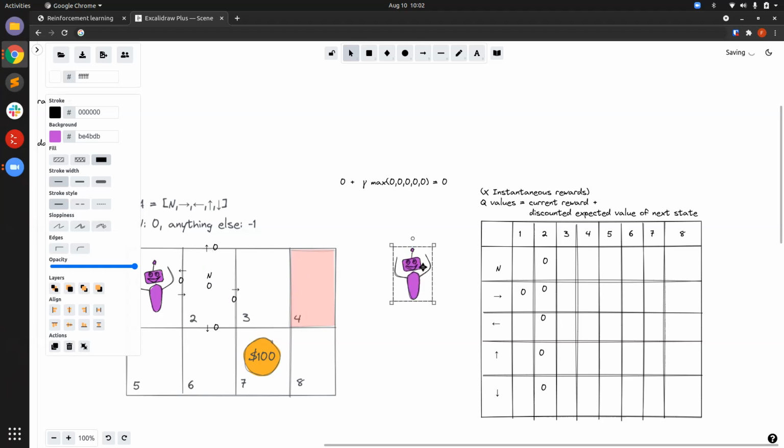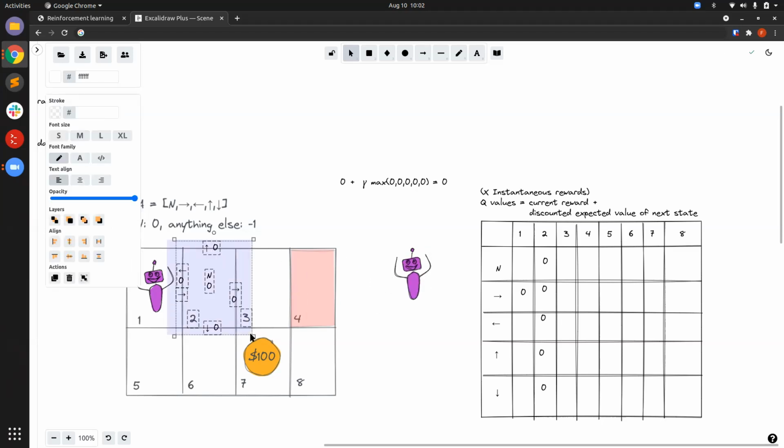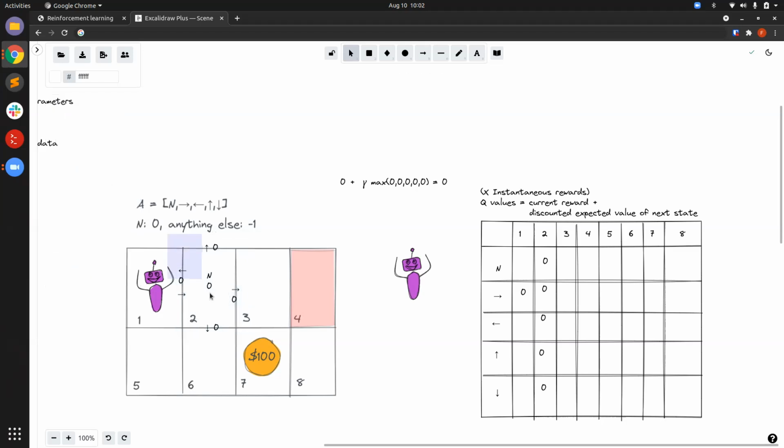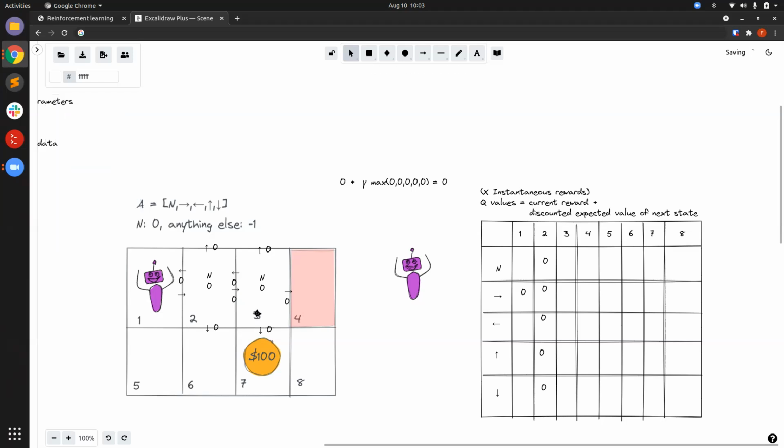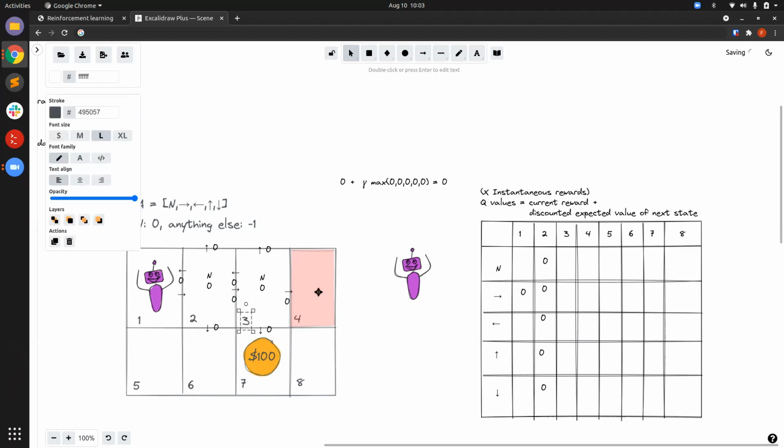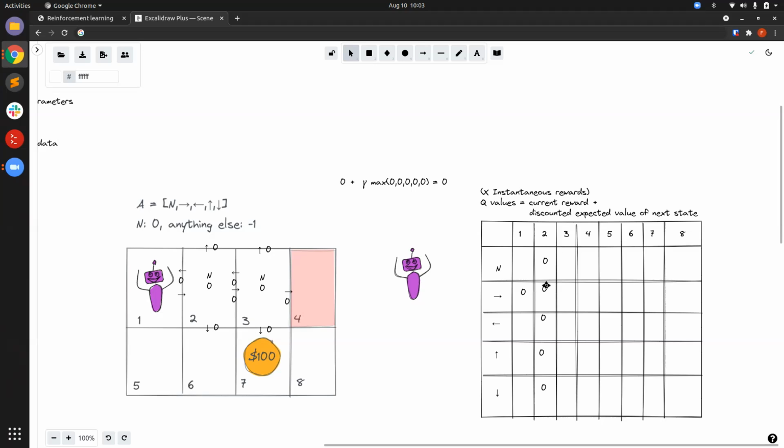I can make the same sequence of decisions. So from state 2, I'll end up in state 3.